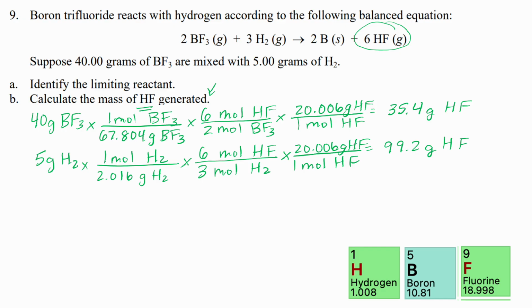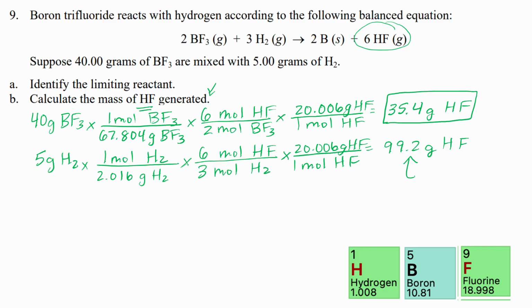So what does this exactly mean? When we're looking at this reaction, we can see that we're starting with 40 grams of BF3 and 5 grams of H2. When we mix those two together, we're going to start by being able to make 35.4 grams of hydrofluoric acid. Now, once we make this amount, all of our BF3 is going to be gone. So we can no longer make any more product. So this number here really doesn't have any value.